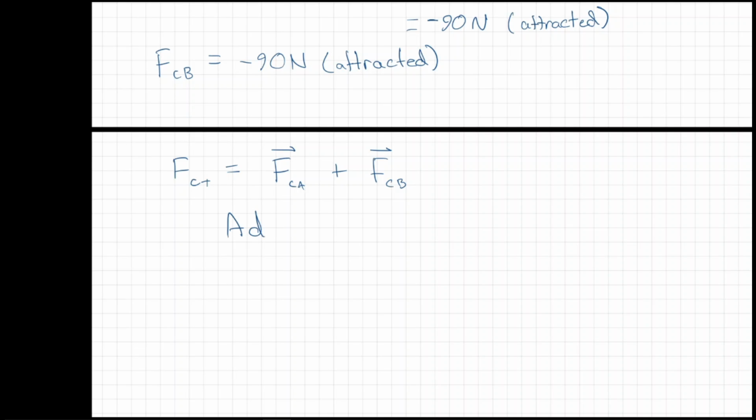Add vectors using what method? Yes, in what way? What do physicists do? We're nice and lazy, we just go tip to tail. Do it graphically. Remember, vectors are a graphical representation of something that otherwise doesn't exist visually. We visualize it. It's easy.